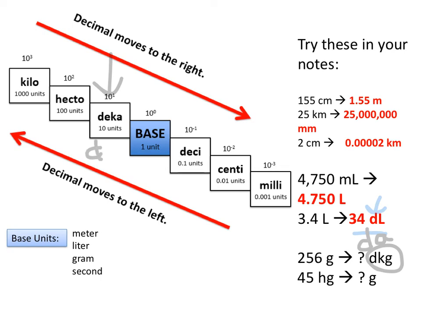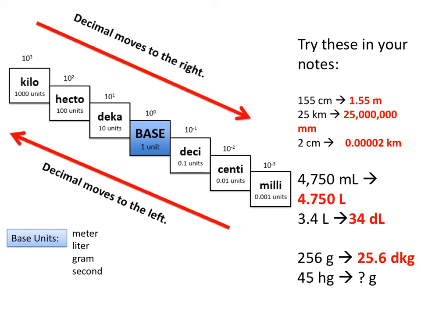So you could say DK or you could say DA. You're going from grams to decagrams on the next problem. And for that, you just divide by 10, or you move your decimal place one place to the left, and you get 25.6 decagrams.